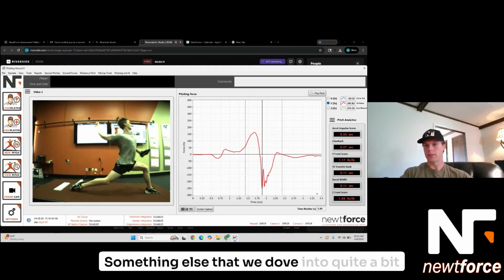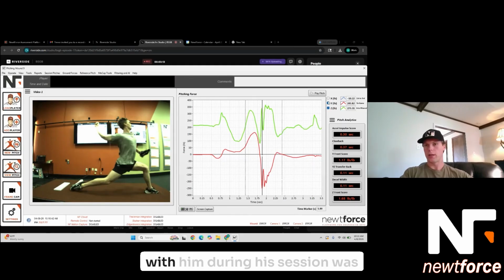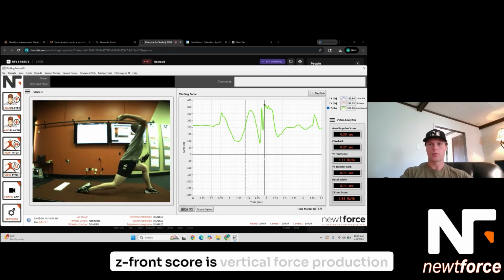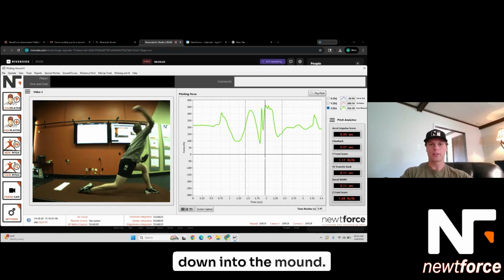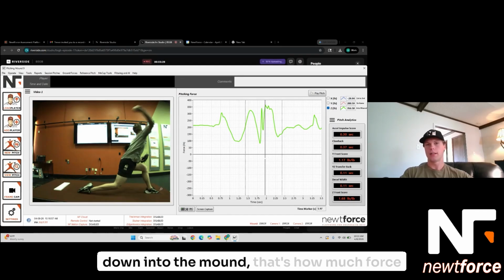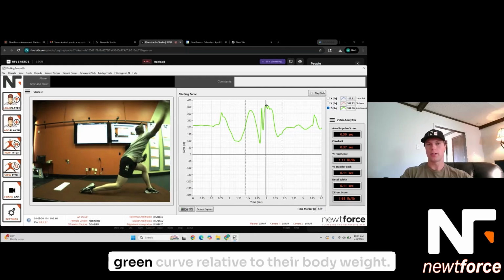Something else that we dove into quite a bit with him during his session was Z front score. So this bottom metric here on the right, Z front score is a vertical force production down into the mound. If you think about just pushing straight down into the mound, that's how much force they produce at the top of this green curve relative to their body weight.